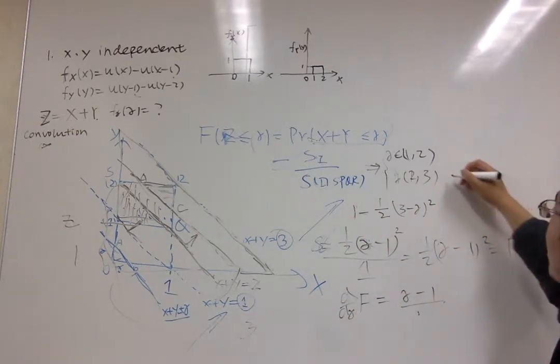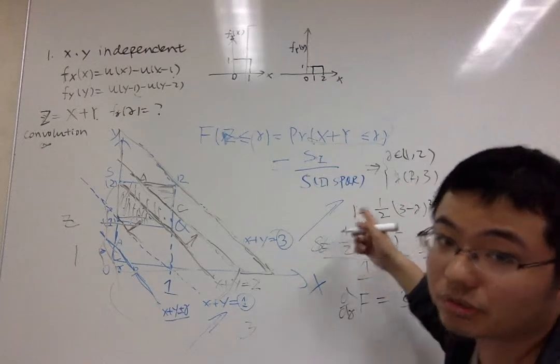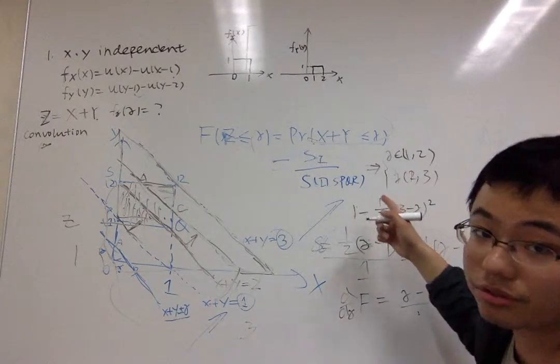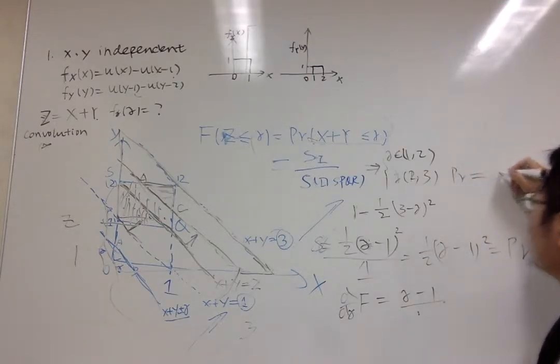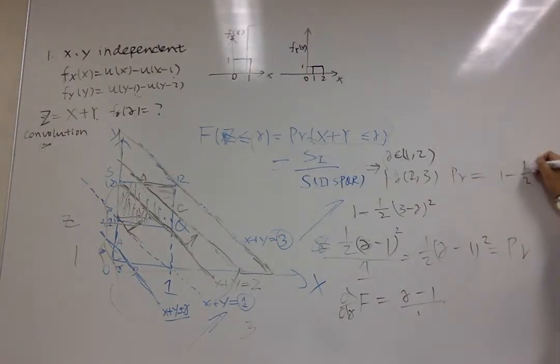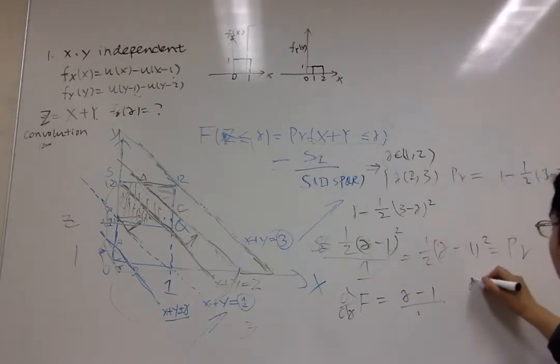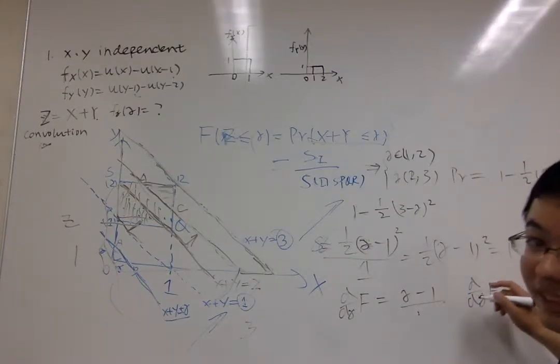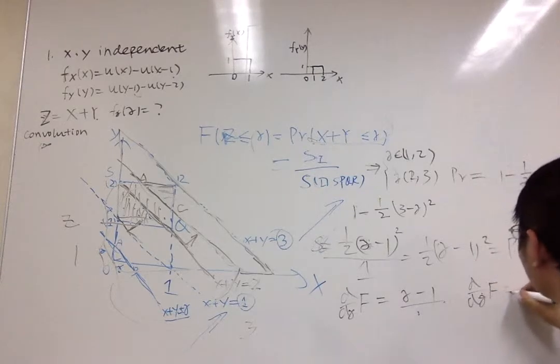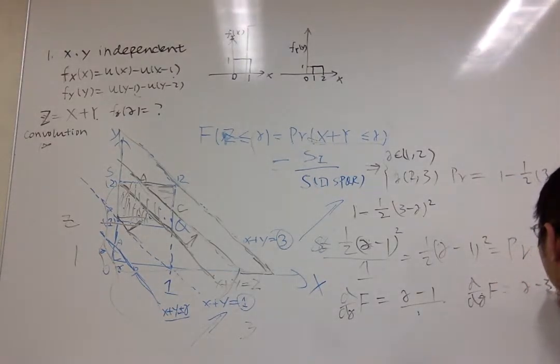So when z is between 2 and 3, the probability equals 1 minus 1 over 2 times (3 minus z) squared. We take the derivative, and that equals 3 minus z.